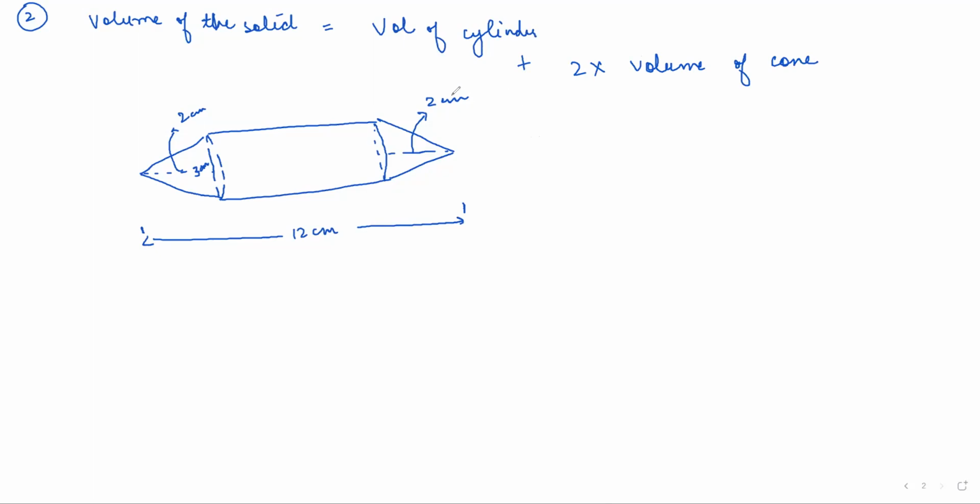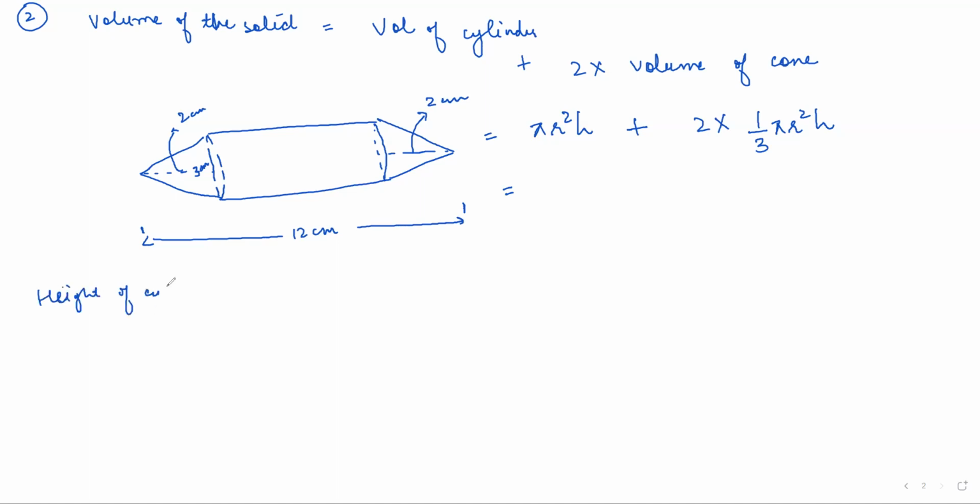So let us first find the volume of the cylinder, right? What is the volume of cylinder? Formula? Pi r square h. Pi r square h, okay. And plus, then 2 into volume of cone is again 1/3 pi r square h. Now what is the height of the cylinder? So that you can first calculate separately.